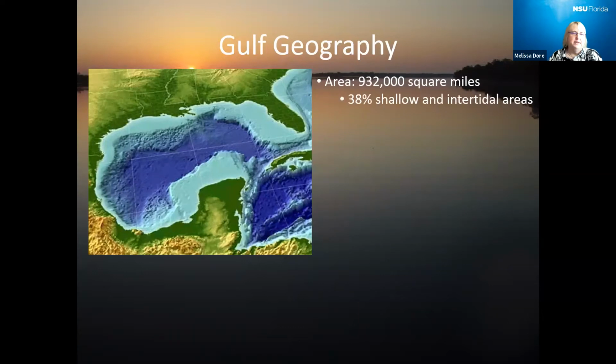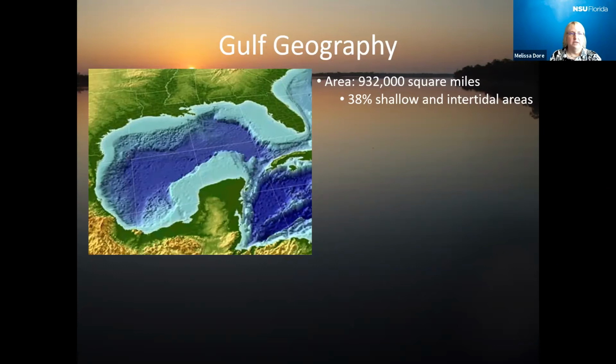38% of the actual geography of the Gulf is shallow, what we call intertidal areas. These are areas that are under 30 feet deep, and intertidal means they are in between the fresh and the salt water. That's sometimes brackish, sometimes not. That means there are a lot of wetlands.